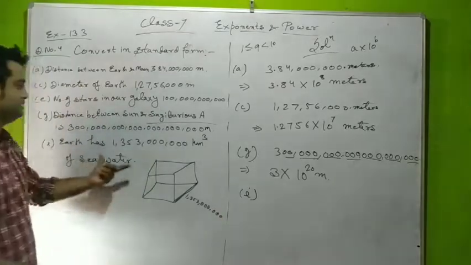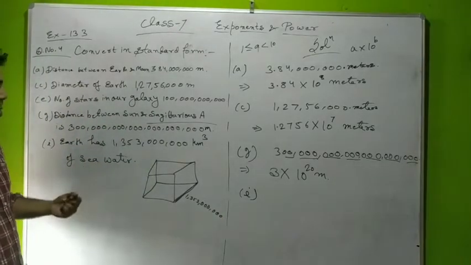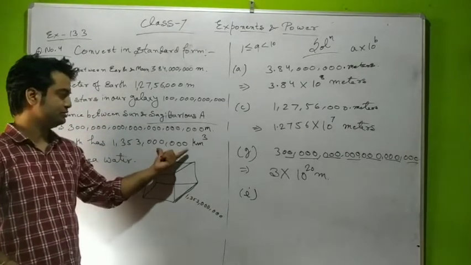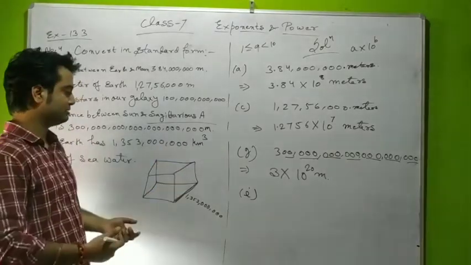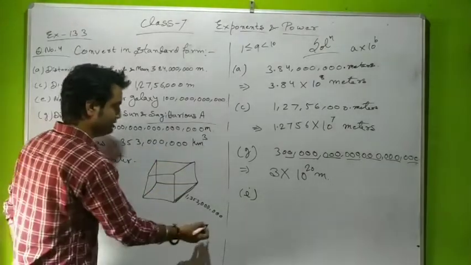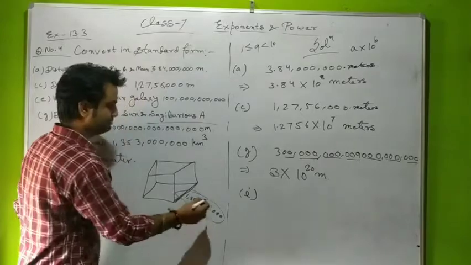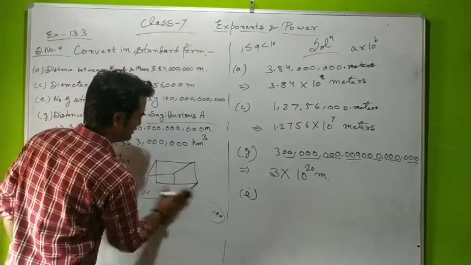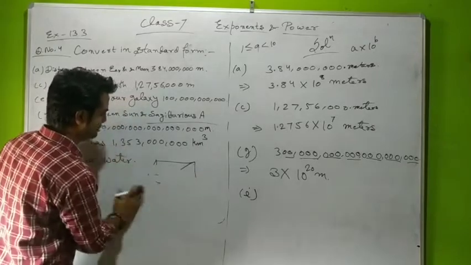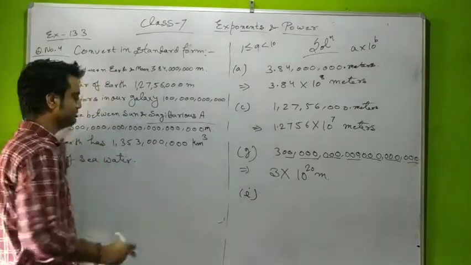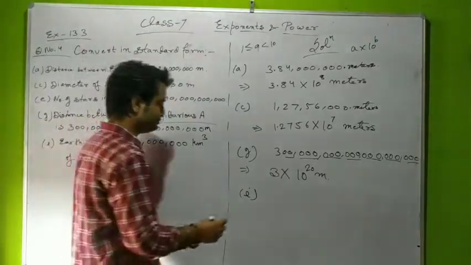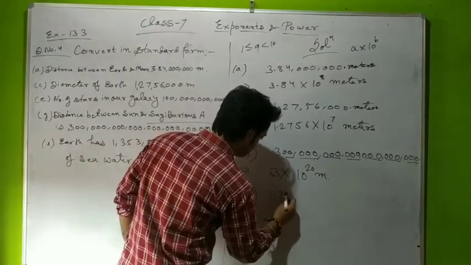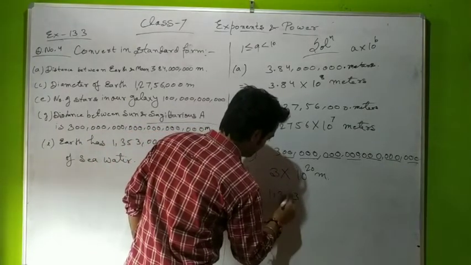This is what the sentence means. Earth has so huge an amount of water that you would need such a huge container to store it. So it was just a theoretical prediction. Now let's move ahead with our question. We have to convert this into standard form.